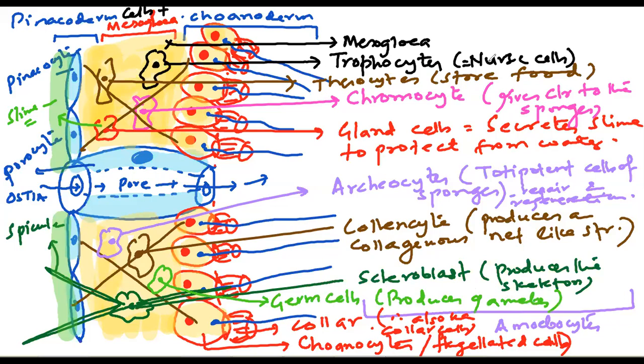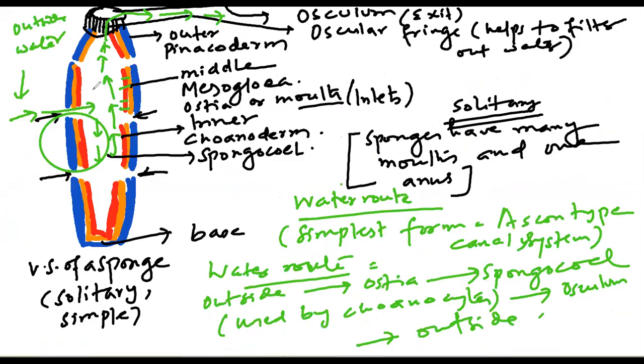So do you like this drawing? Here we have drawn all the cells of the sponge. And what have I drawn here? See this drawing? This wall, when we enlarge it, its enlarged view is on the next page.